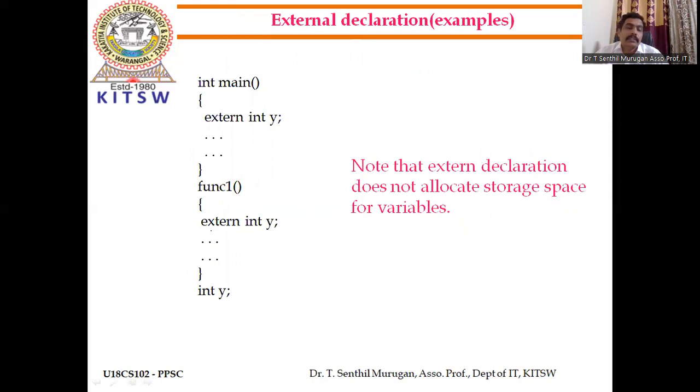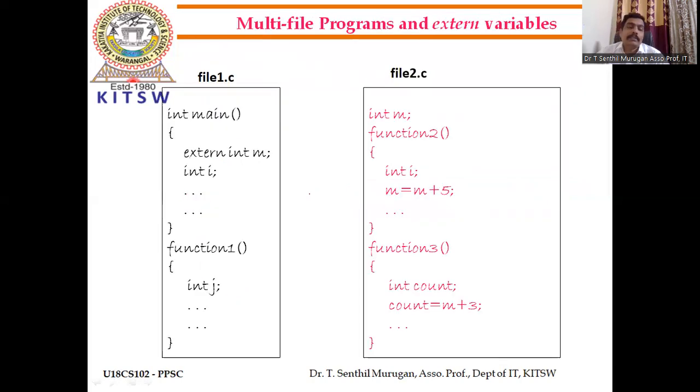See here, in case the variable is declared outside of the function, we can use the extern keyword for extending this value from the external global variable declaration. In case multiple files are there, then the extern keyword may be used.